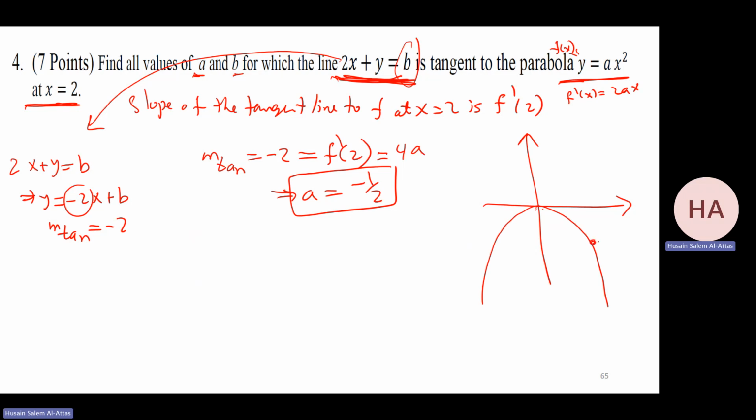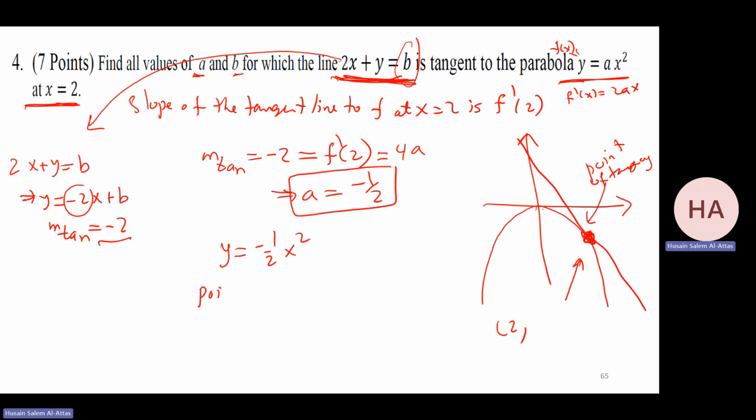And this is 2. So this is my line. Actually, you can see the slope is negative, so it should be like this. So it's okay. It's not the point. So this is 2. This is my point of tangency, which is what? I can find this point now. This point is at x equal 2. I know the function, y equals minus half x squared.